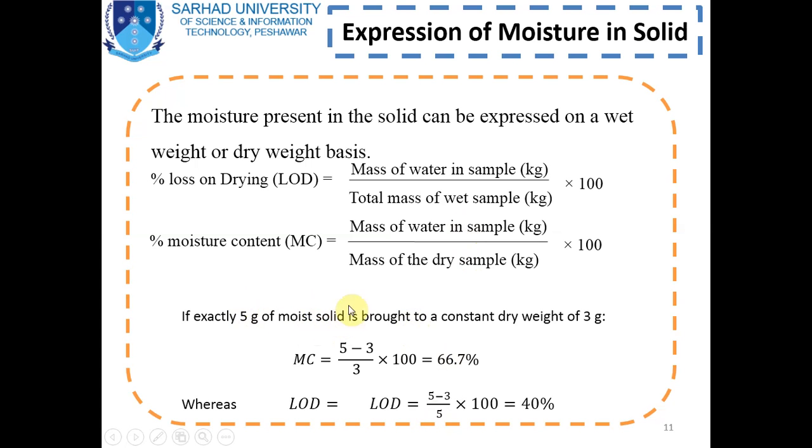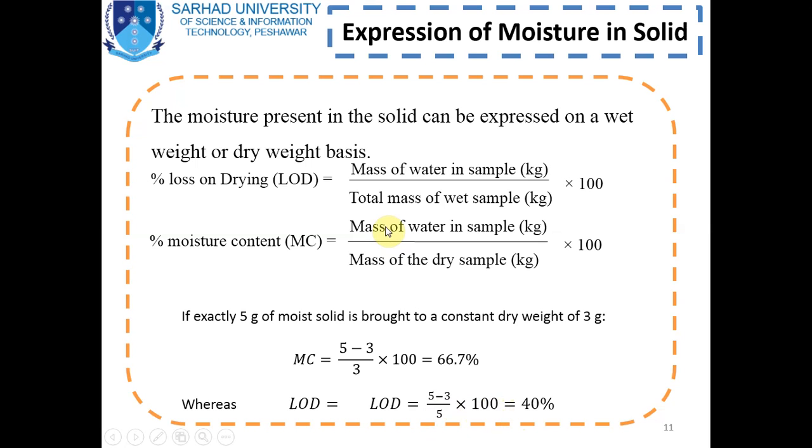That was the initial weight, a combination of the moisture plus the dry weight of the sample, so the total weight is 5. So we divide by 5 and multiply by 100 to get the percent LOD, and we will get 40%.